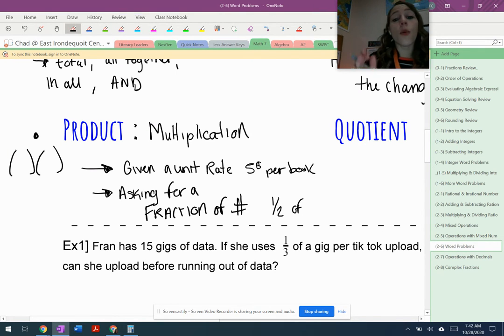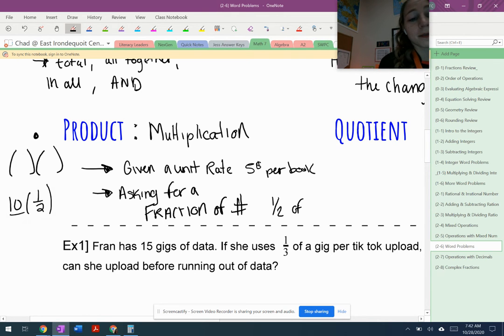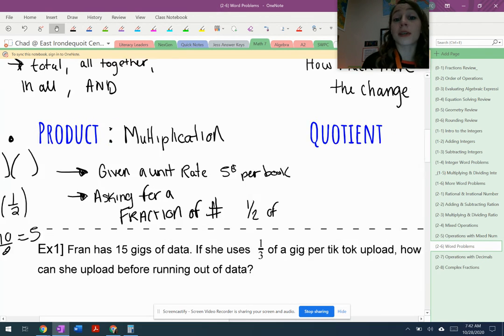You're taking whatever they're asking you to take 1/2 of, so let's say 10, and you're multiplying that, let's use our parentheses like I practice, by 1/2. Well, 10 times 1 is 10, 1 times 2 is 2, 10 divided by 2 is 5. And that makes sense because we know that if you take half of 10, you get 5. So a fraction of something means multiplication also.